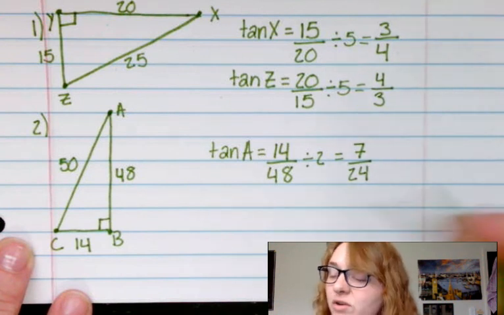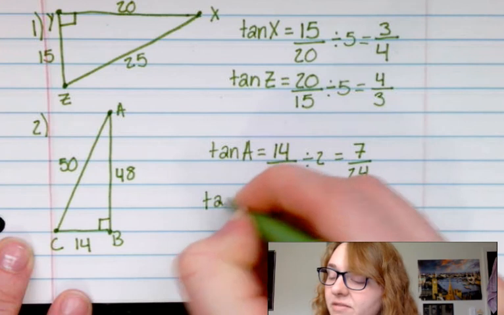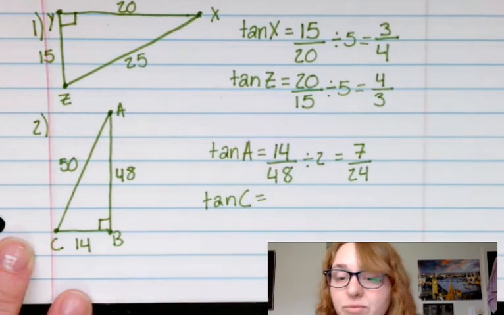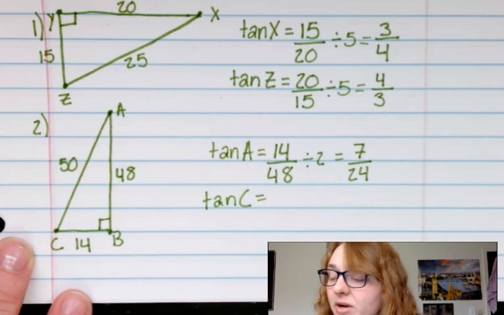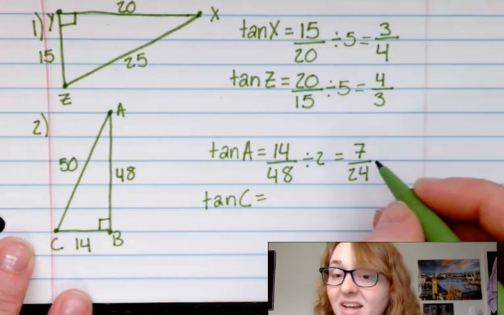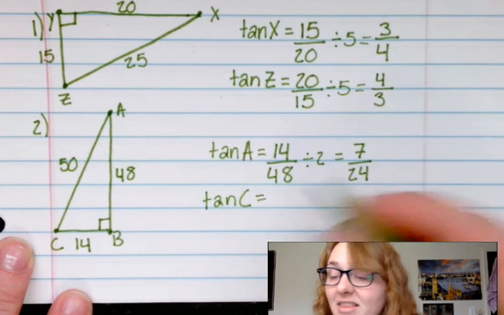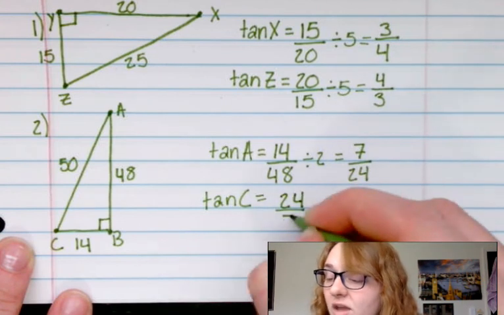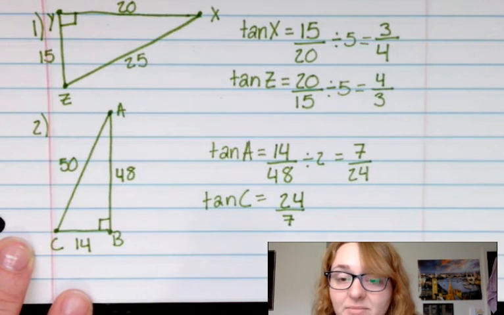And then instead of doing all the same work for the tangent of C, which would be 48 over 14, having to reduce by the same greatest common factor, we could recognize that we have those reciprocals and that the tangent of C is just going to be the reciprocal of the tangent of A, 24 over 7.